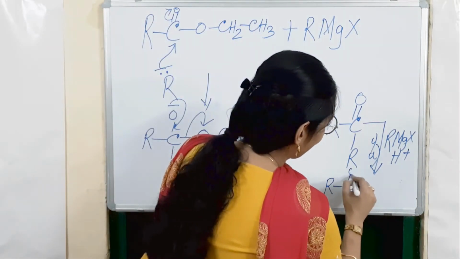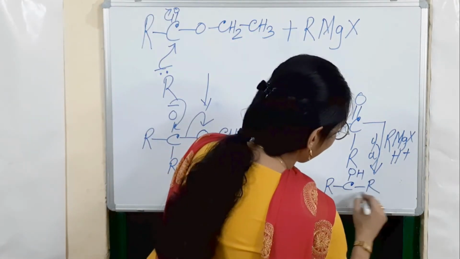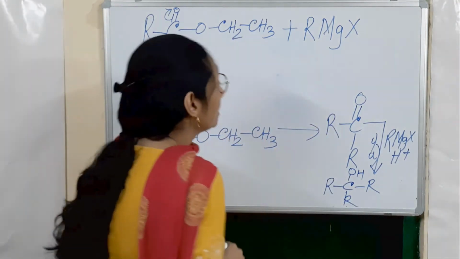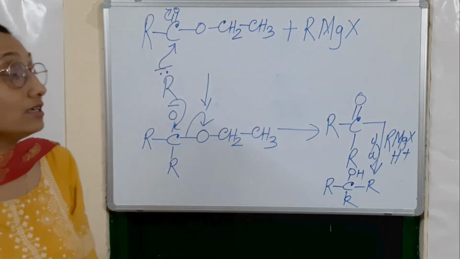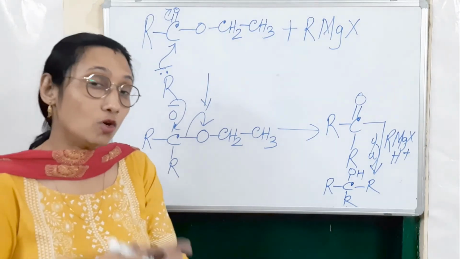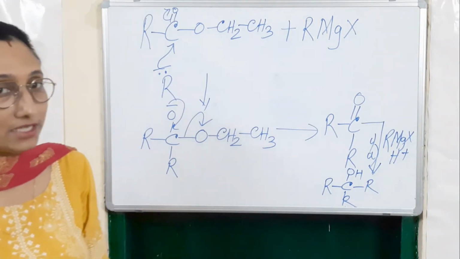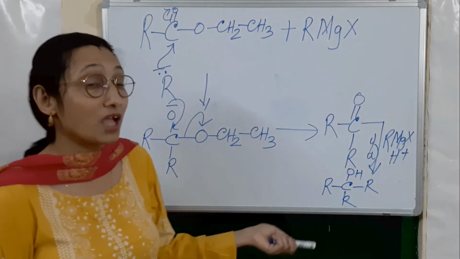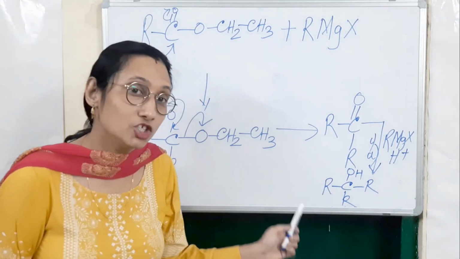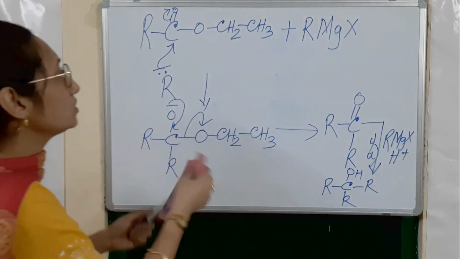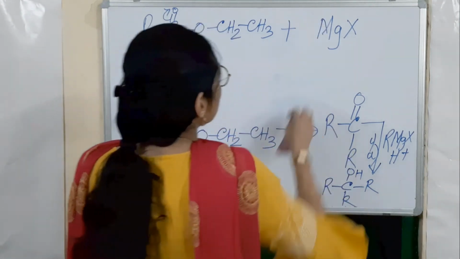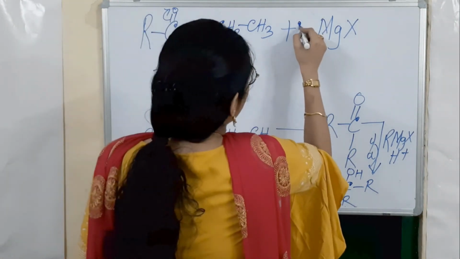So C OH R R. So ester reacts with 2 molecules of Grignard reagent to give you ultimately which product? 3-degree alcohol.